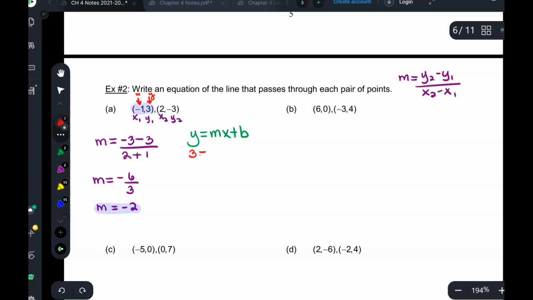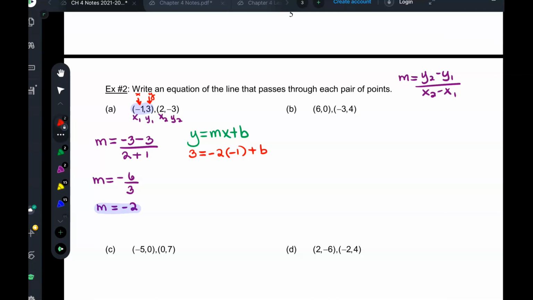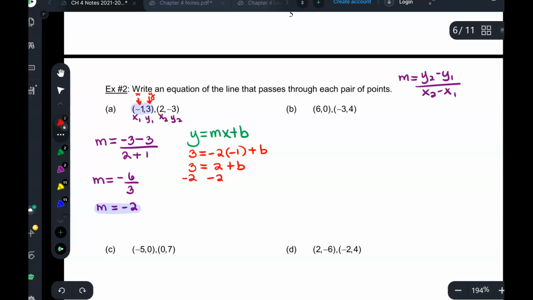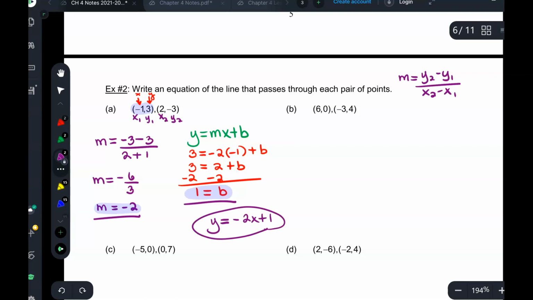So it's going to be 3 equals m was negative 2 times x, which is negative 1, plus b. Okay, so it should look the same as what we did on the previous page. So here I get positive 2, subtract 2 from both sides, and I get 1 for b. Now I'm going to put together m is negative 2 and b equals 1, and just write my final answer. So it's going to be y equals negative 2x plus 1. Y equals mx plus b.